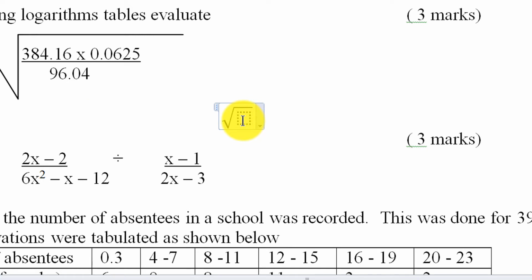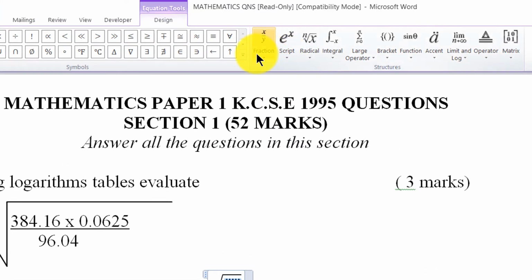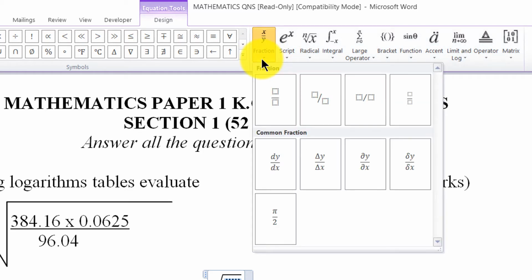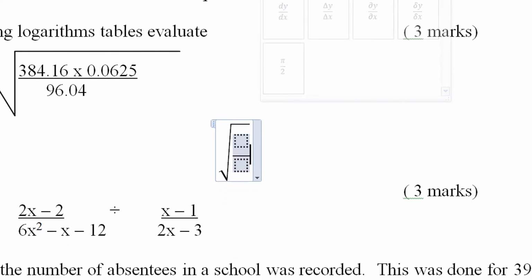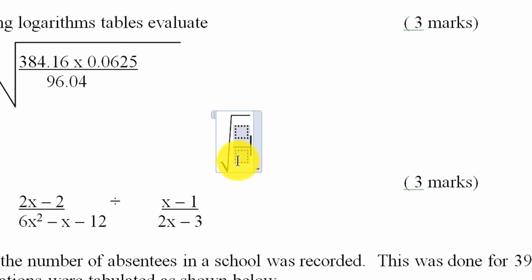Now I've got my square root sign, and inside here I can write this fraction. I'll click on the inside, come to the same command, and there is this command called Fraction. Again, click that small arrow and you can see the kind of fraction I want to write is this one. So I click it and it appears here. You can see how everything is falling into space. Now, the numerator is a number, 384.16.